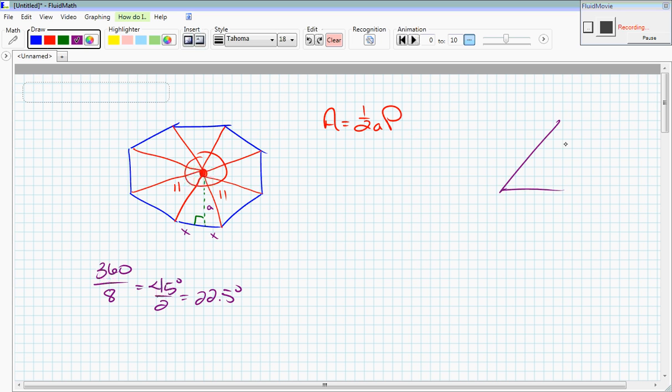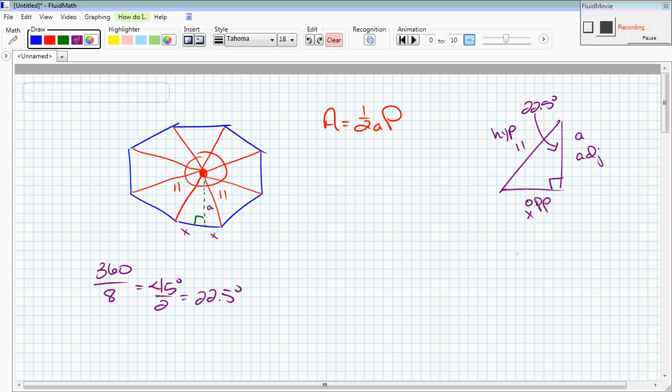So if I were to extract that particular right triangle, here's what I have. Here is an angle measure of 22.5 degrees, and we have a hypotenuse of 11. With respect to that angle, this is the adjacent side, this is the opposite side, and this is the hypotenuse. We'll call this A for apothem, and we'll just call this x.